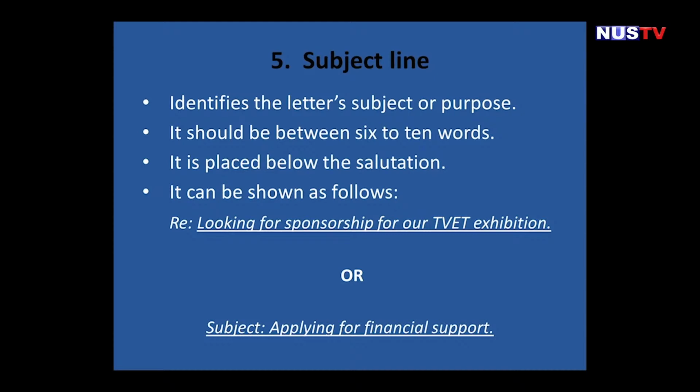So again, make sure that it's between 6 to 10 words. To simplify and shorten your long words or long paragraphs, you can explain the subject line within the body paragraph.